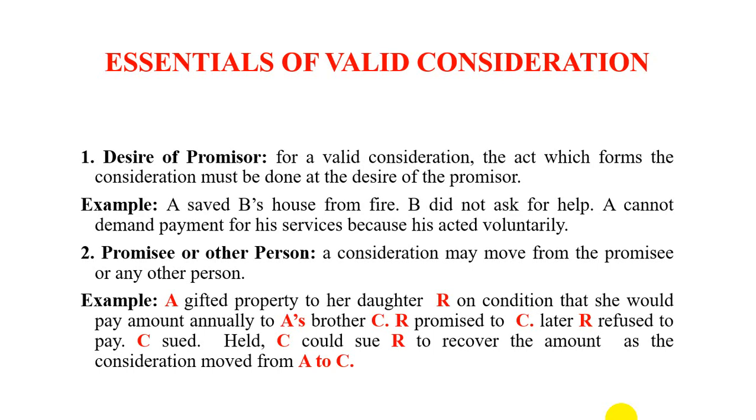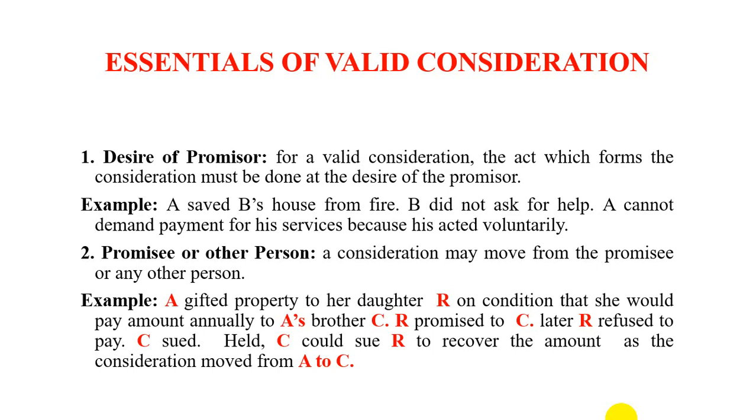For a valid consideration, the act which forms the consideration must be done at the desire of the promiser. یعنی زمانی که consideration صورت میگیره او valid شده میتونه که باید خواهش یا desire promiser مد نظر گرفته شود.